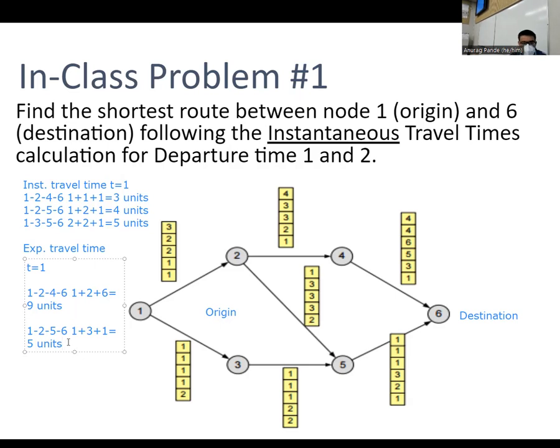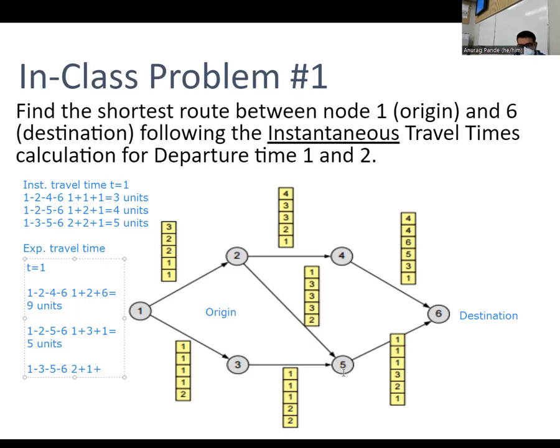And then I can also do the last one, 1, 3, 5, 6. What does that look like? We start here at T equal to 1, and take 2 minutes on the first link. Then you add that time, you get here at T equal to 3, and you take 1 minute on the next route.